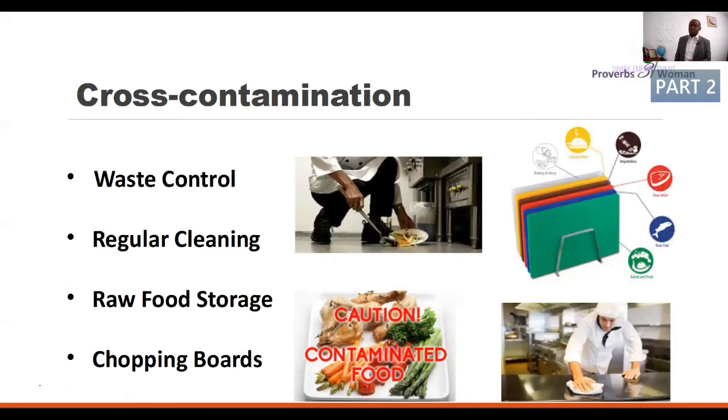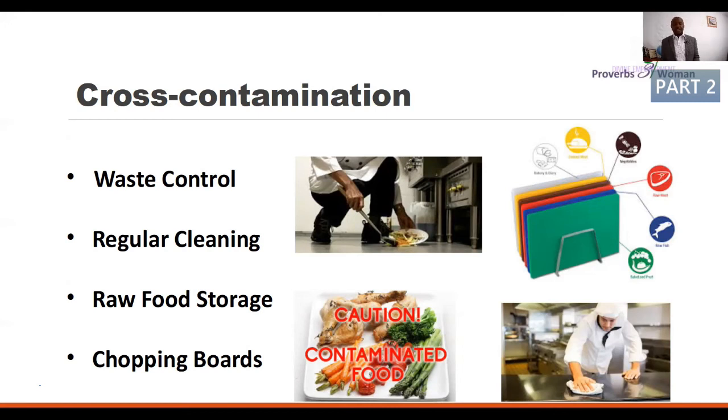Okay, so waste control is very important when you're in the kitchen. We always advise: clean as you go. Clean as you go when you're preparing food. It's very easy. When you are working in an environment where it's very clean, it's very pleasant. Okay?